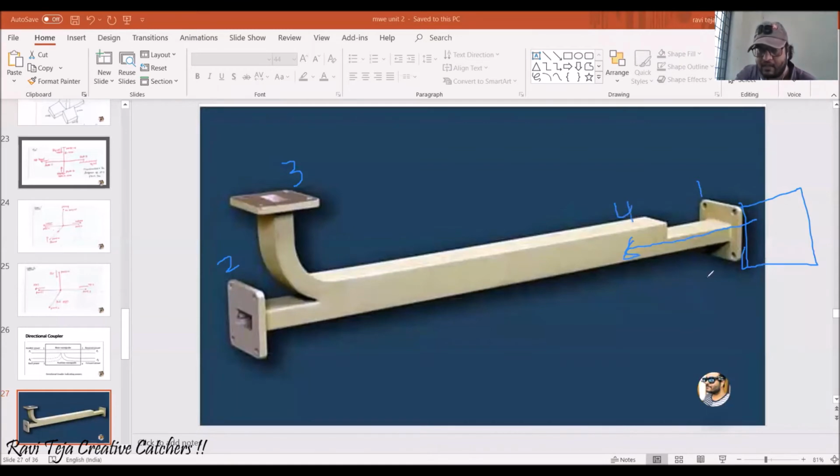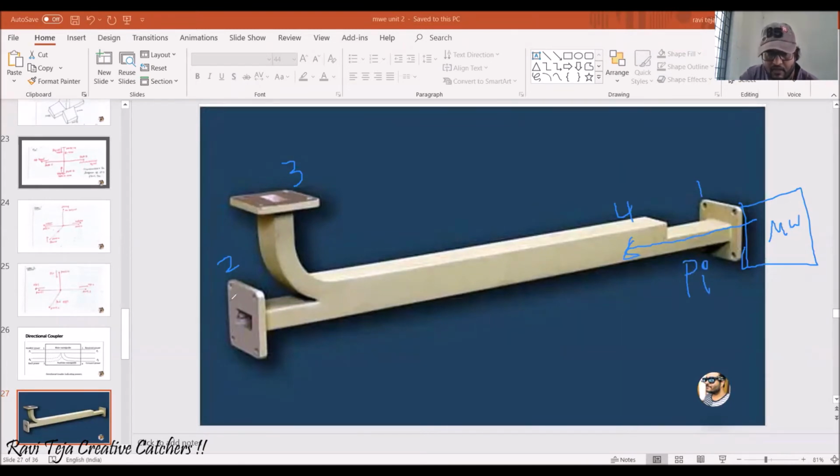Now tell me, what is our port 1? Incident port. Yeah, see. Our microwave source is going through port 1, so this port 1 will become incident power at port 1.